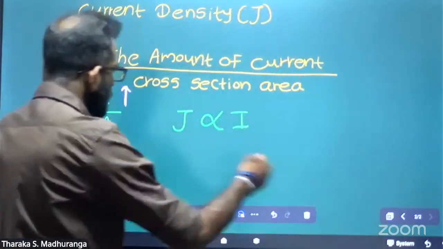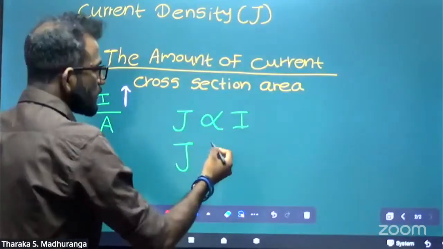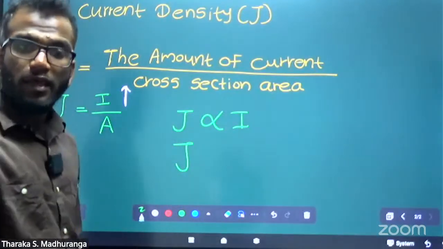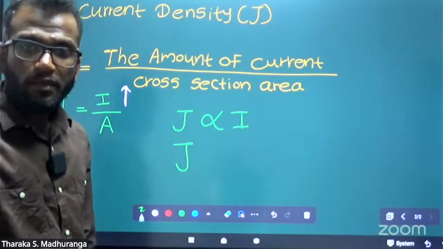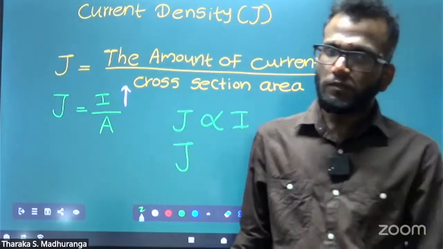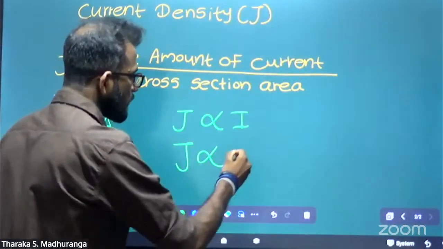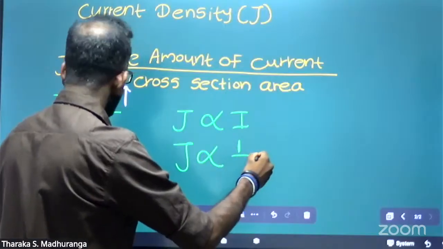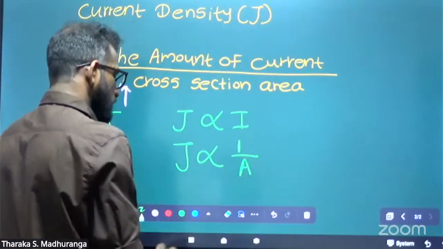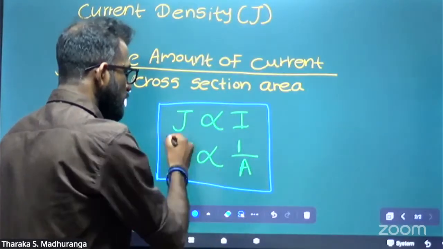Now, how about the current density and A? When A increases, what happens? The current density decreases. Good. That means it is inversely proportional. Okay, that's the relationship.